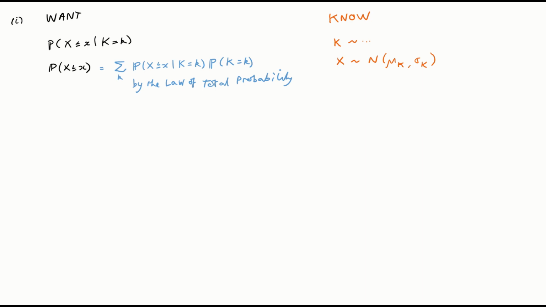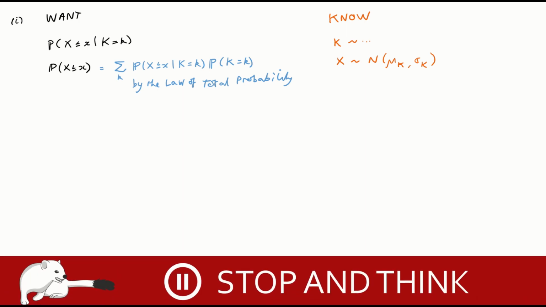We're told the distribution of K, and given K, we're told the distribution of the random variable X. So we have to solve for these two probabilities. This is time for you to stop and think and see where you would go yourself.